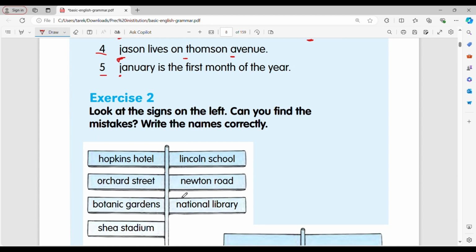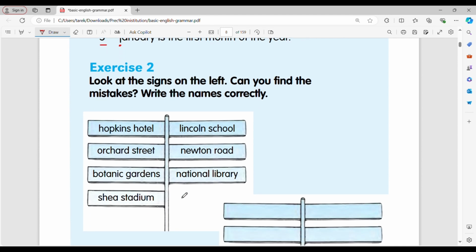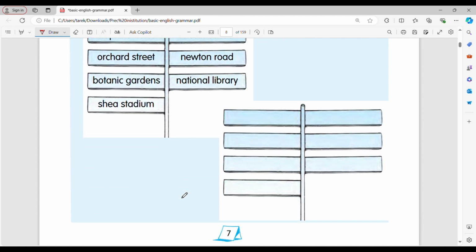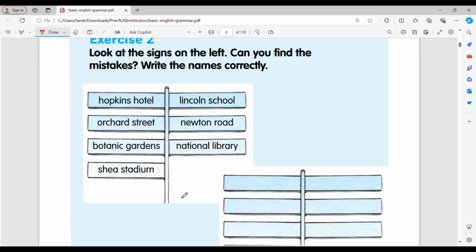Okay, moving on to exercise number 2. Look at the signs on the left. You can find the mistakes and write the name correctly. Okay, we are not gonna write, we are just gonna circle, or see the mistakes only. So Hopkins Hotel, we're gonna see the signs on the left, so we are gonna ignore this for now.